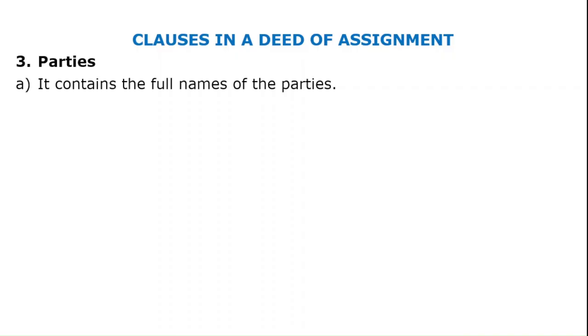Because somebody who is not a party to that deed of assignment cannot approach the court to enforce what is contained. That's why you have to be careful about how you couch the name. A person who is not a party to that deed of assignment cannot come around to say he wants to enforce it. So we must know who the assignor is. We must also know who the assignee is. I told you that the name will be supplied in your scenario, so you don't have to stress yourself. Just ensure you write the full name as it is.